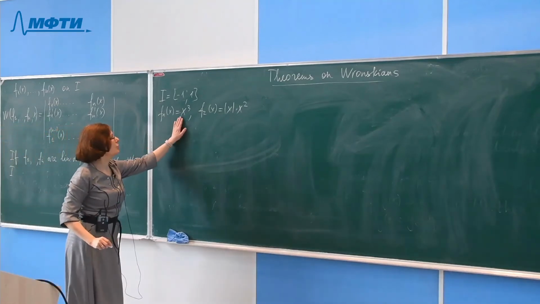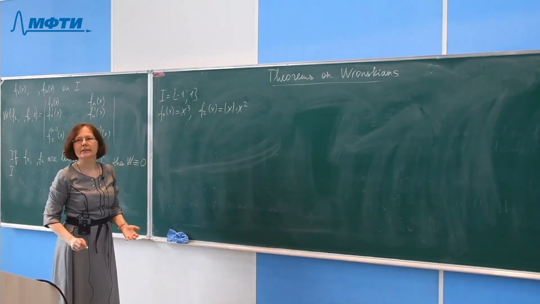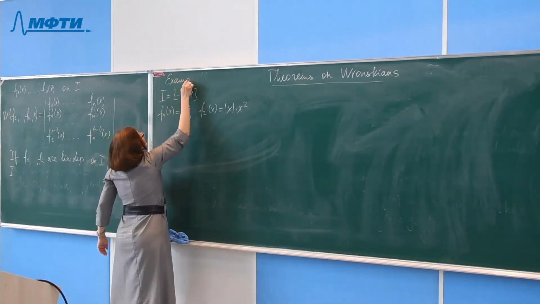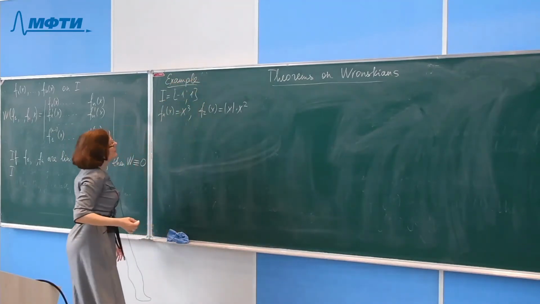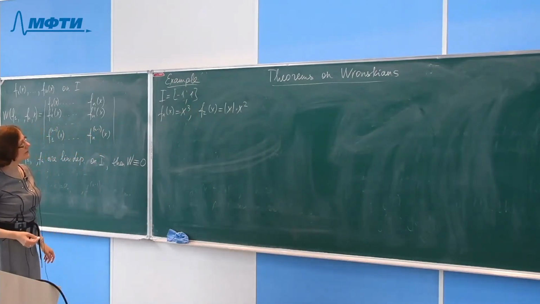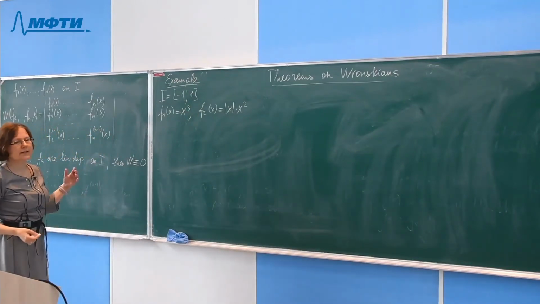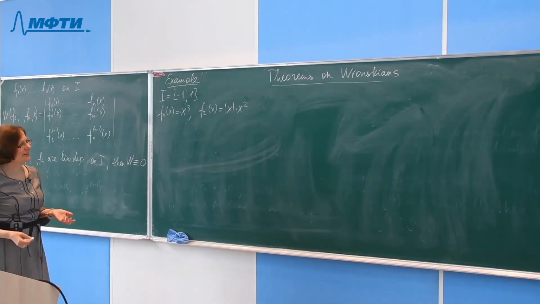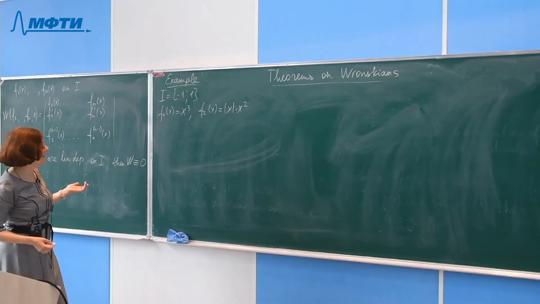So let it be an example. These functions are linearly independent. Why are they linearly independent? How to prove this?